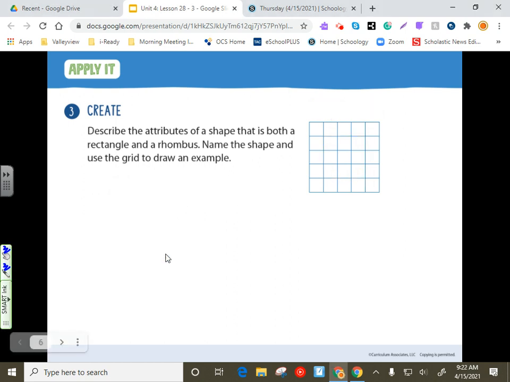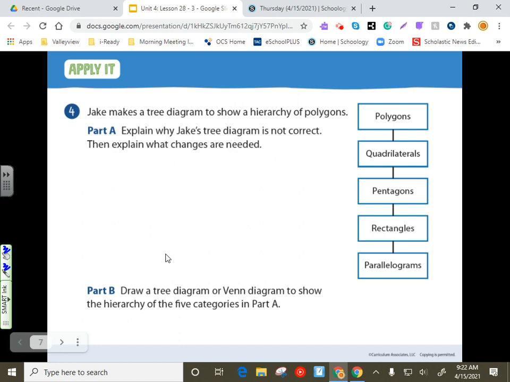All right, so let's look at the next page. Jake makes a tree diagram to show the hierarchy of polygons. So polygons are figures that have all straight lines, and they're enclosed. But explain why Jake's tree diagram is not correct. So let's start from the top. Polygon, have straight sides.